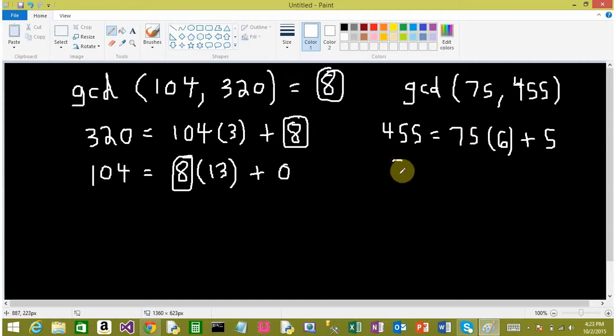And then we'll have 75 equals 5 times 15 plus 0. So we can see that the GCD of 75 and 455 is going to give us 5.